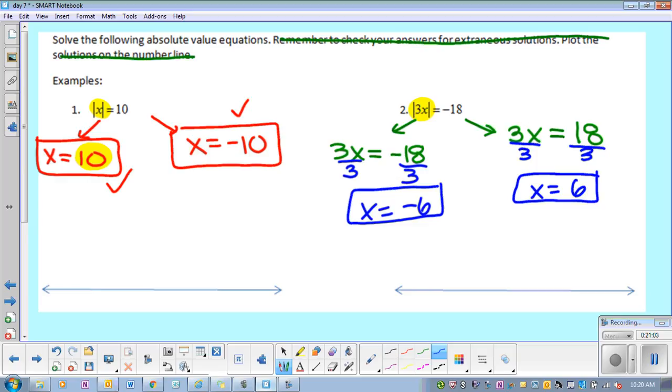It's so weird to me that this left number was a negative. We started with a negative, right? So let's plug this into the calculator. We're going to plug in absolute value 3 times, let's try the first number, negative 6, and hit enter. Do you get a negative 18?